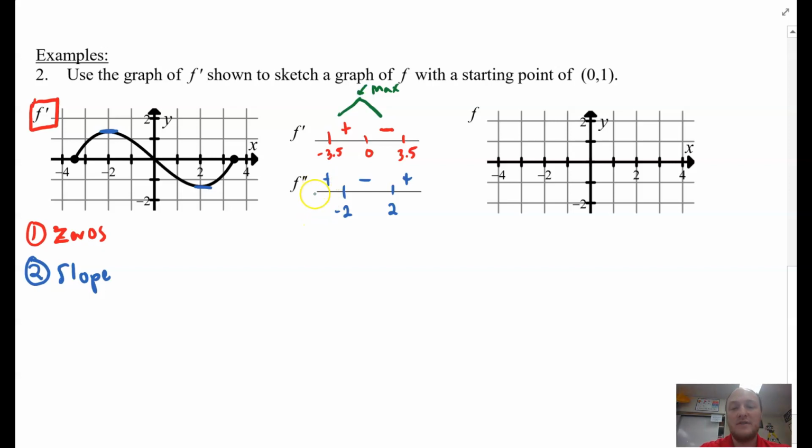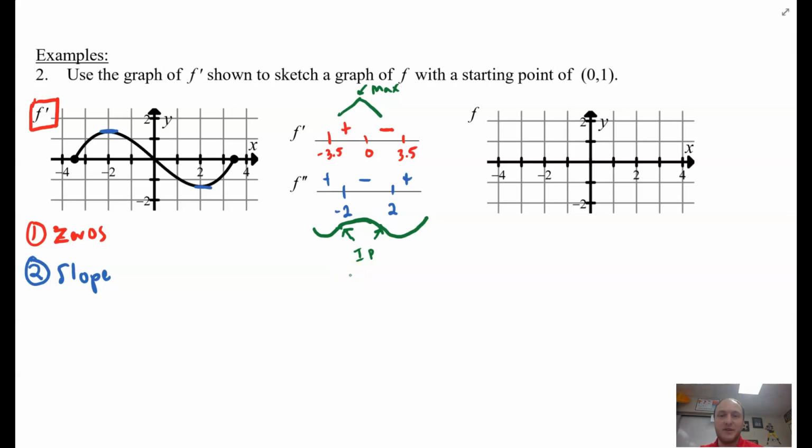Okay, on f double prime, going up, that means it's concave up. Going down means it's concave down. And then positive means it's concave up. Okay, and what we learned is when we go from concave up to down or down to up, we have inflection points. Okay. So I have my information.